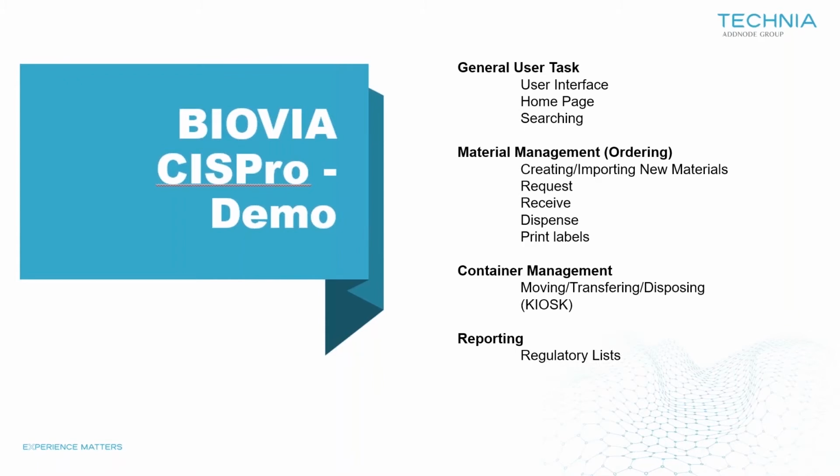Today we'll have a short overview of the SysPro product and have a look at its features and capabilities. What we will have a look at in general is how the general user tasks are managed, the user interface, its homepage, how we do search of materials, material management, ordering and requesting inventory.